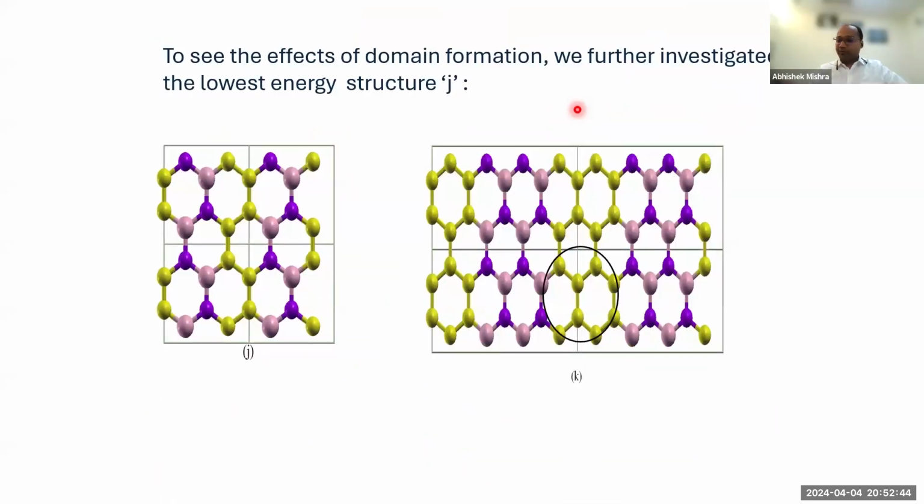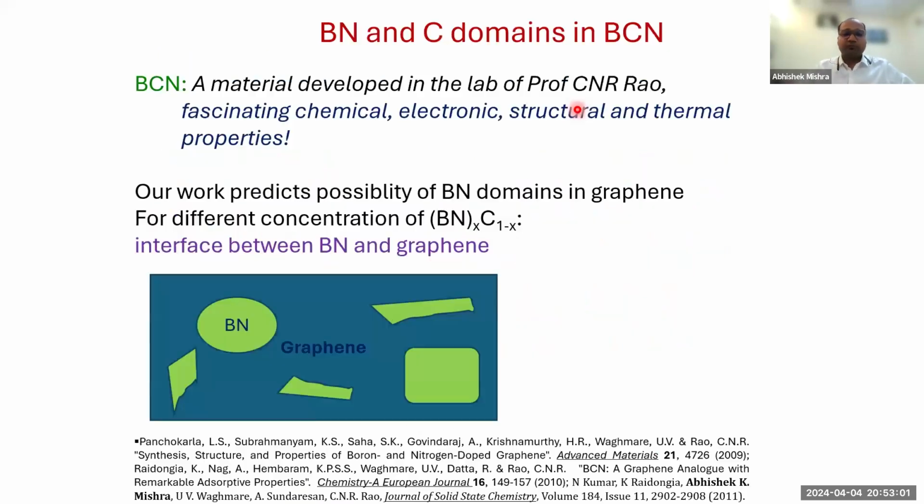The second step in this direction was to look at the effect of increasing the domains of graphene in the boron nitride lattice. If you have a bigger domain of graphene in the boron nitride lattice, your structure is more stable. So that's what we can conclude here.